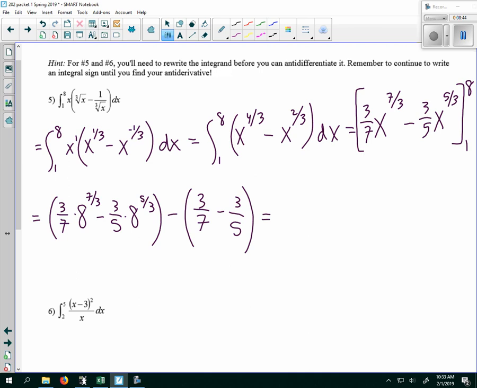So 8 to the 7/3, well, I'm going to do the cube root of 8 first, so that's 2, and then 2 to the 7th, 2 times 2 is 4, times 2 is 8, times 2 is 16, times 2 is 32, 64, 128. So that's 3/7 times 128 minus 3/5 times 2 to the 5th, which is 2, 4, 8, 16, 32, minus 3/7 minus 3/5. All right, I think it's time for a calculator.